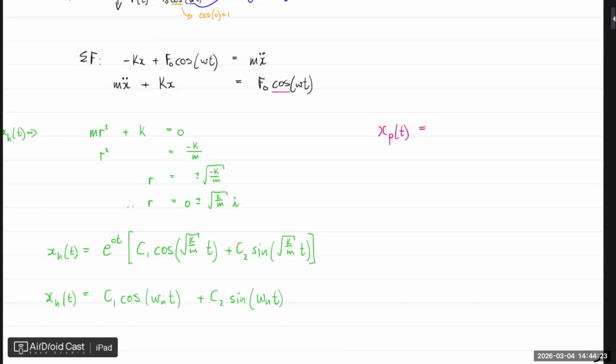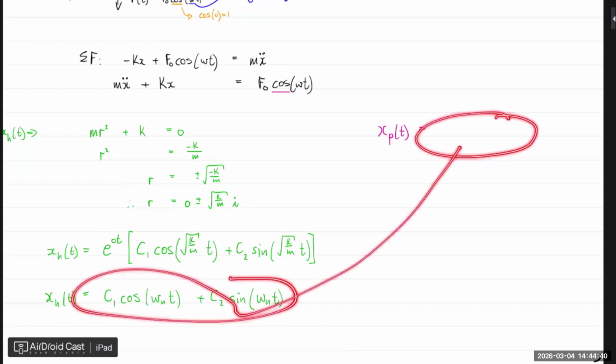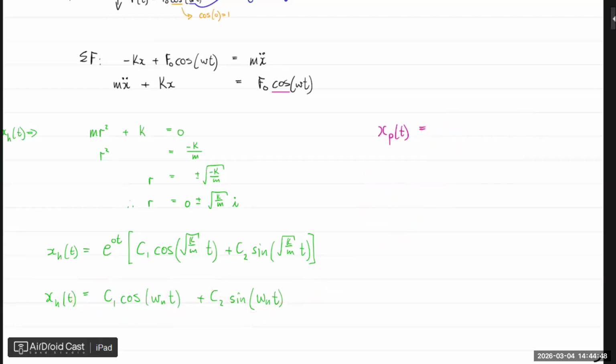You can use sin as well, but just to make the math easier, you use the same one that's already present. And just keep this in the back of your head. You remember from differential equations that if you choose something here that's already part of the homogeneous solution, then you might get a problem, and then we need to multiply with a t and stuff like that. You guys remember? But we'll get to that. Just keep that in the back of your head.